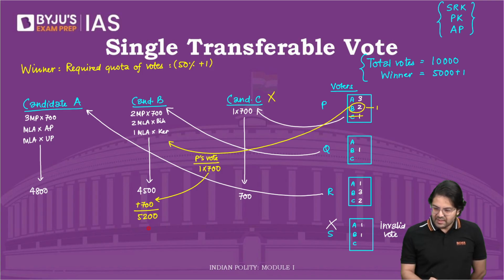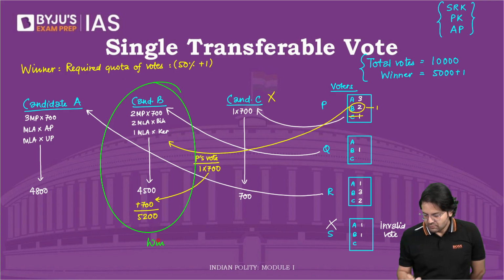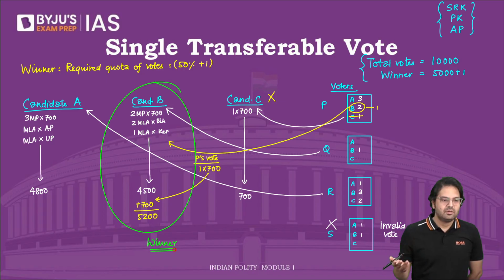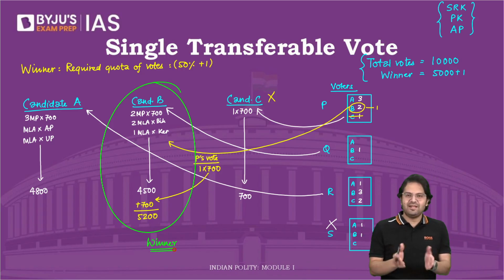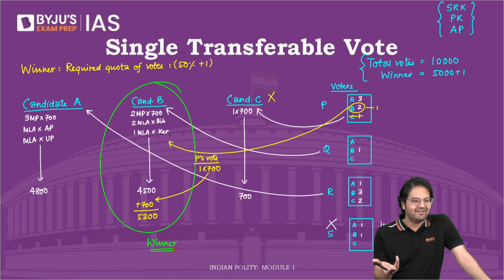Now Mr. B has been declared the grand winner. Clear? Single transferable vote. Candidate B is now winner. Sir, please. B does not mean any party. It's okay. A, B, C. Right?